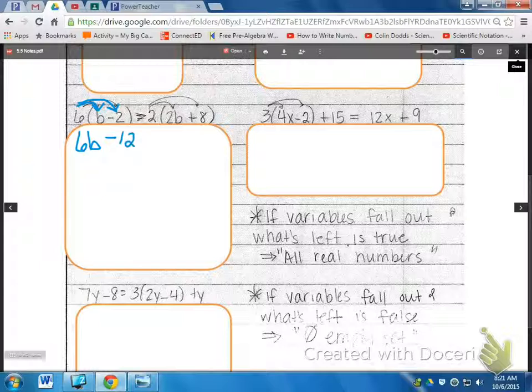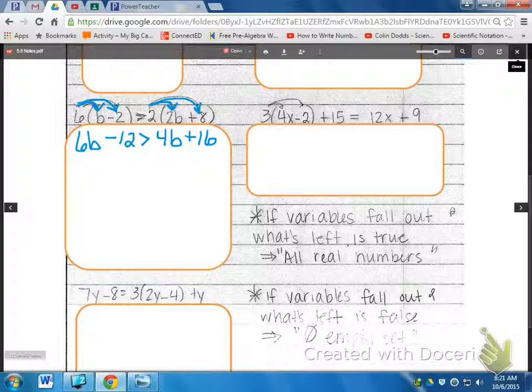Then you would take 2 times the quantity 2b plus 8. 2 times 2b would equal 4b, and 2 times positive 8 would be positive 16. Good. Okay, so we have 6b minus 12 greater than 4b plus 16.